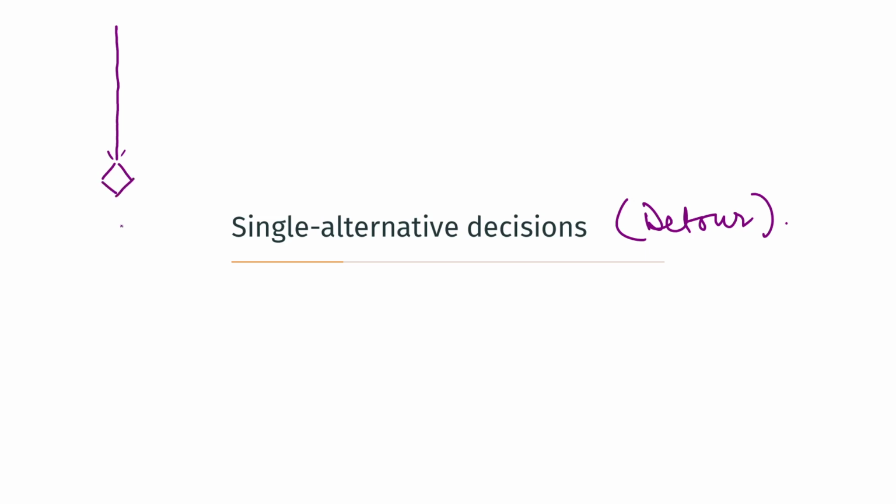Now if the result of the condition used to make that decision is false, it goes on as usual. If the result is true though, it goes on a detour, it goes here. It performs some other work.